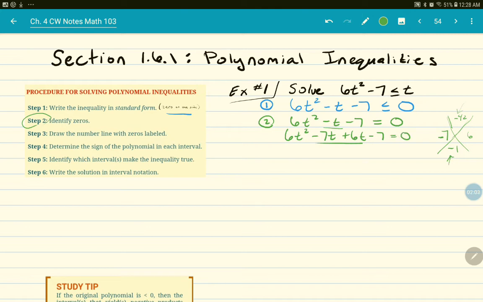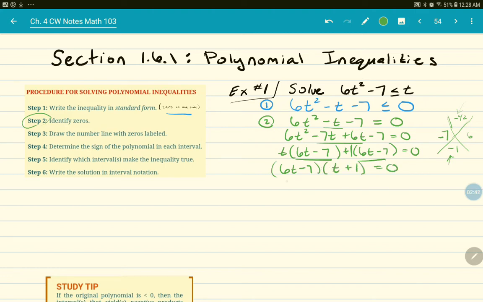And then I can factor this by taking the GCF and grouping. I take the GCF out of the first two terms and I get t out, and I get 6t minus 7. There's no GCF for the second two terms, but that's okay because I get a 6t minus 7 in both parentheses, so I have my understood 1 right there. I factor out that common factor of 6t minus 7, and I have left t plus 1.